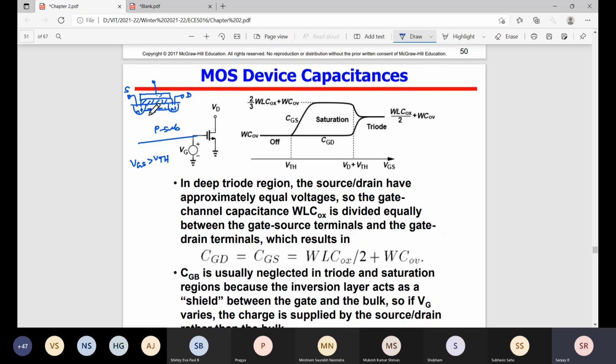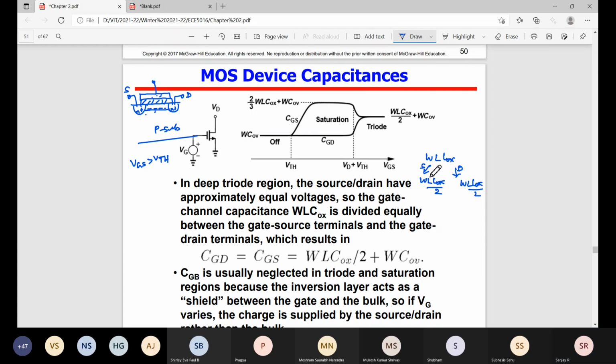So I can split the gate to bulk capacitance into two parts: gate to source and gate to drain, because the channel is formed and uniformly distributed. So what is the actual oxide capacitance? W L Cox. Since it is uniformly distributed, I can distribute it equally to source and drain. That means W L Cox by 2, W L Cox by 2. Is it understandable?